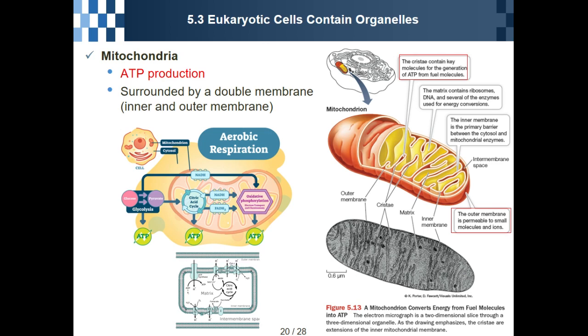After glycolysis, pyruvate has to be transported to the mitochondria because the outer membrane is not rigid but a little flexible, and it has small pores, so it's permeable to small molecules. However, glucose is a big molecule, so it cannot pass through the outer membrane. But small molecules and ions can pass the outer membrane.